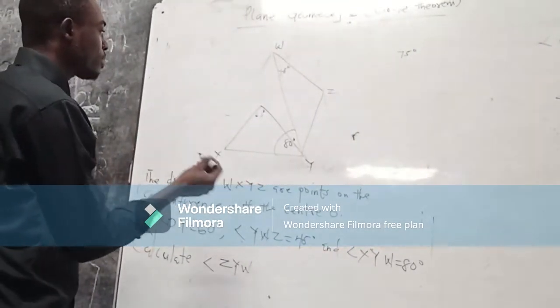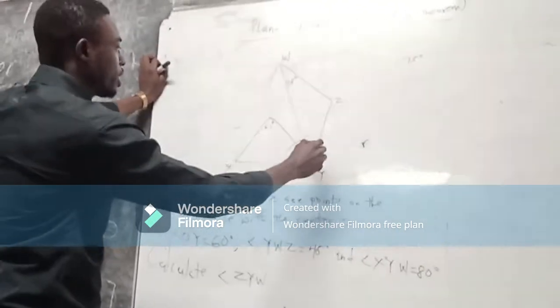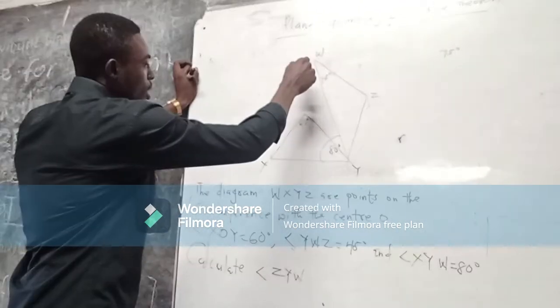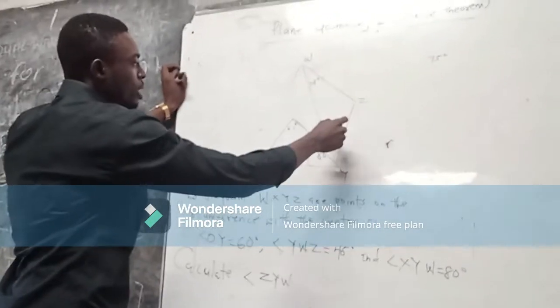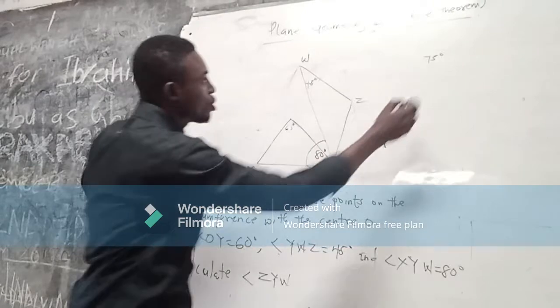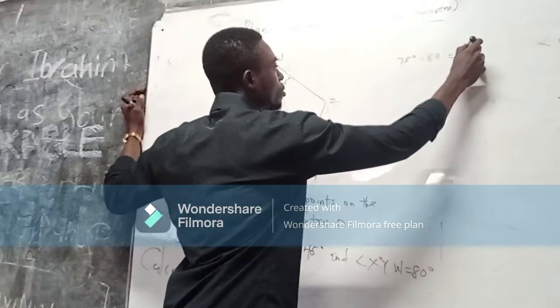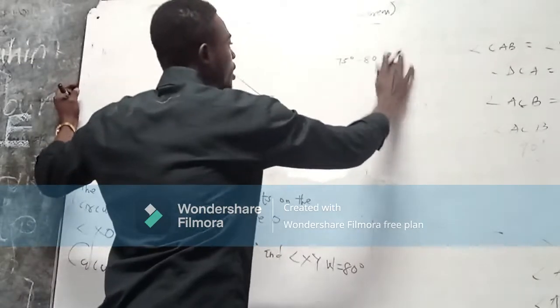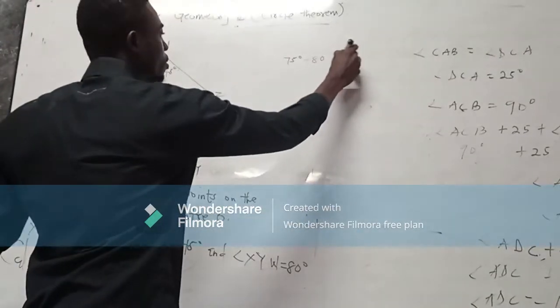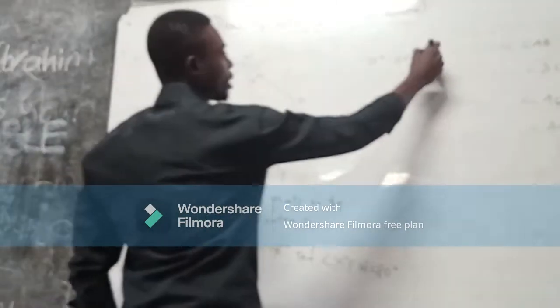After you get the 75, you have this here, so it sums up to what? 180. So definitely it's going to be 75 plus 80 plus the unknown number that we have to find here.